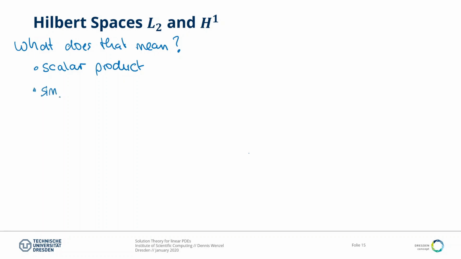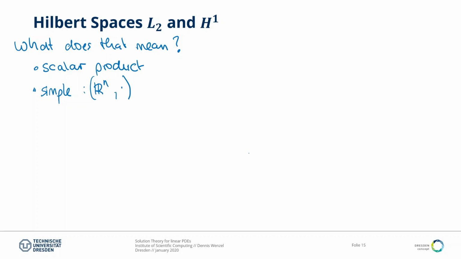Again, you can think about the vector space Rn. For Rn, you know the standard scalar product. I would call this combination, this tuple of some space and some scalar product, a Hilbert space. You always need some underlying vector space and some scalar product.